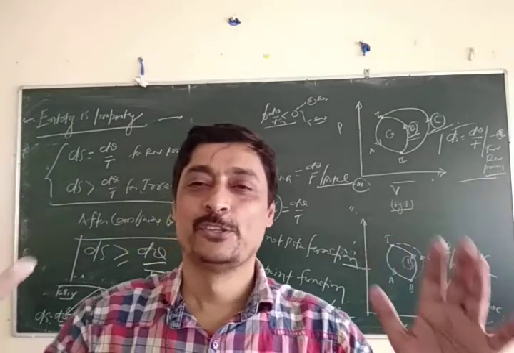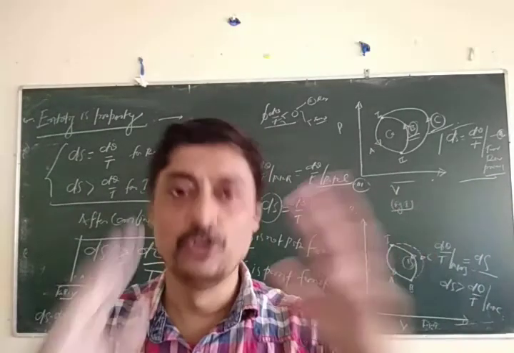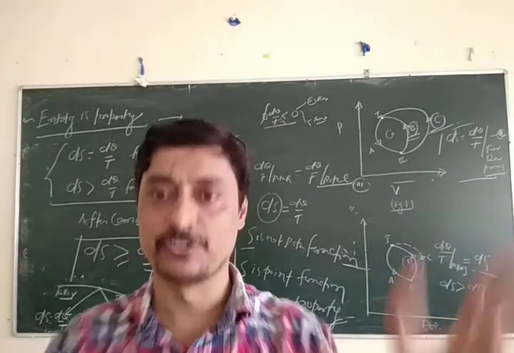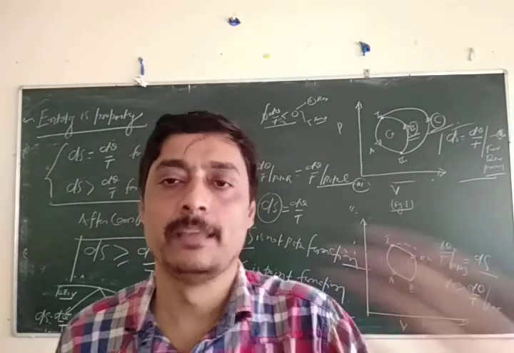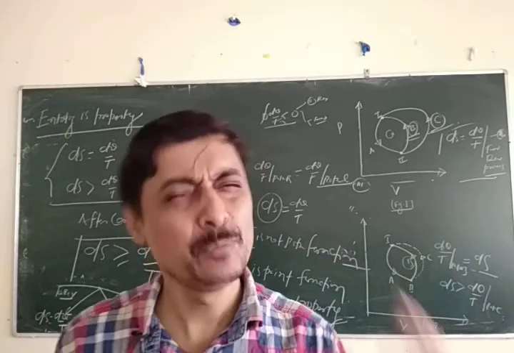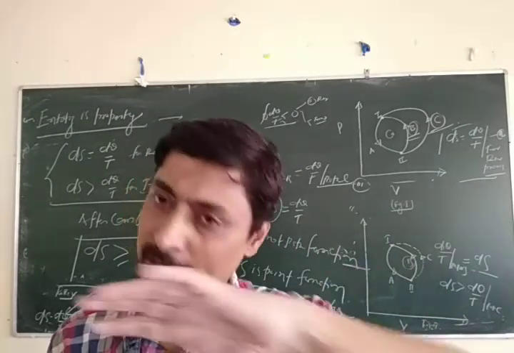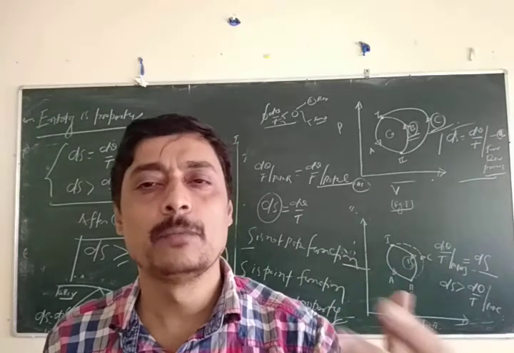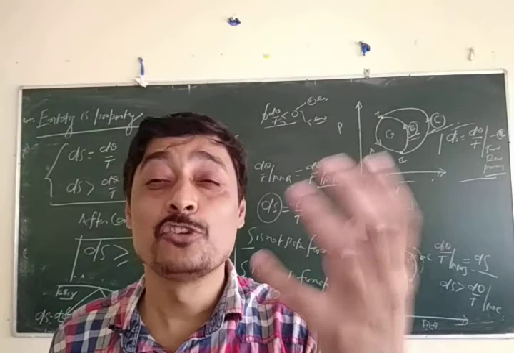So this is a very beautiful derivation, and you need to go through it very carefully so that you can understand in depth. Because this is quite interesting, easy and interesting. If you go through it in depth, you will come to know the beauty of entropy and what entropy actually is.